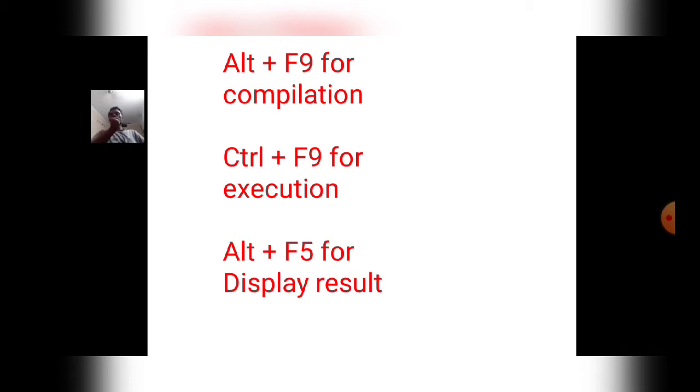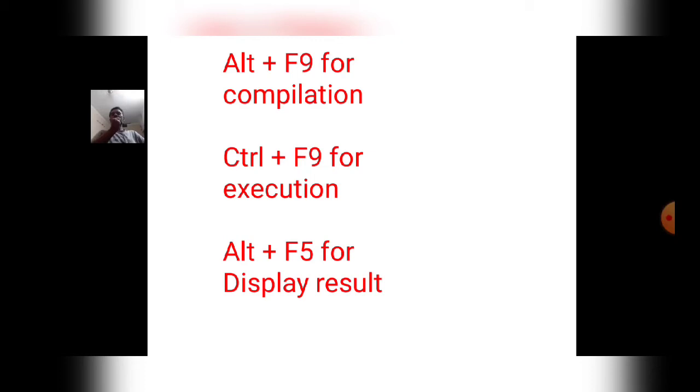Now the program is executed by the C compiler. With the help of the Control F9 command, the C program enters into the execution process and completes execution by the C compiler.